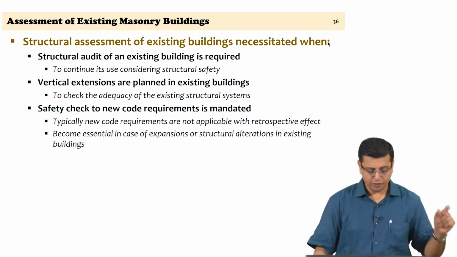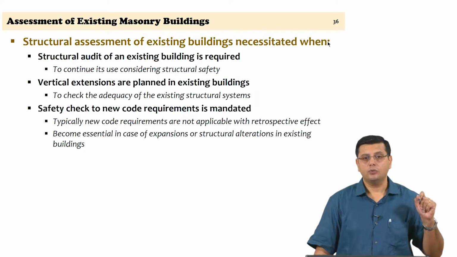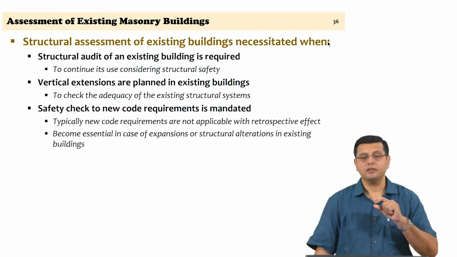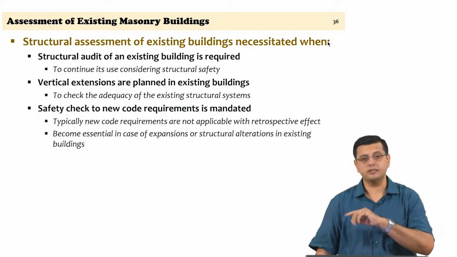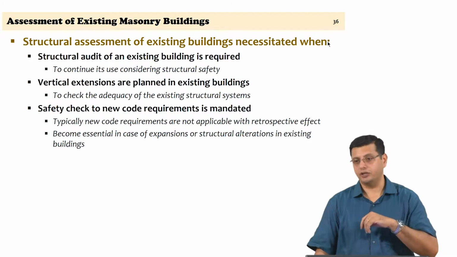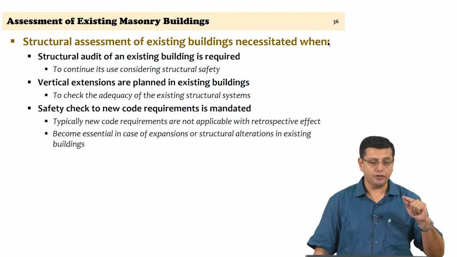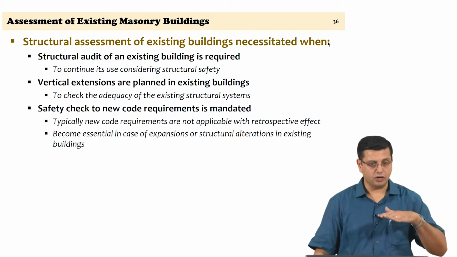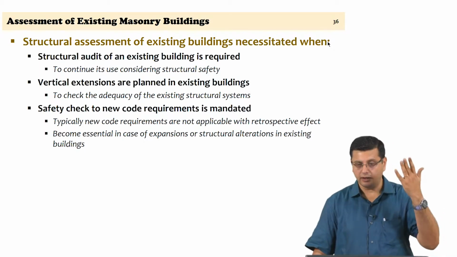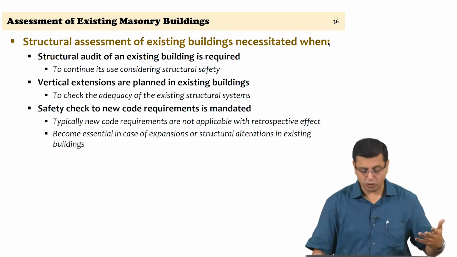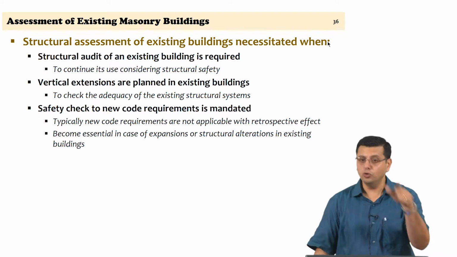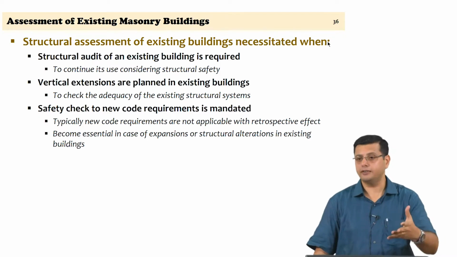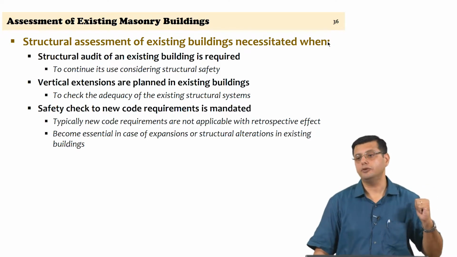Now, an important point to note is, while codes do not require compliance of existing buildings to new codal regulations if the building is not undergoing any alteration, when a building is going through structural alterations in the horizontal plane or in the vertical plane with additional floors being added, there is a requirement that the new building, that is whatever is the altered building, complies with the new codal requirements.